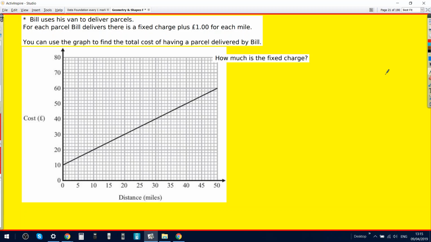It's £1 each mile. The fixed charge is how much you pay even if you go 0 miles. I see, right.